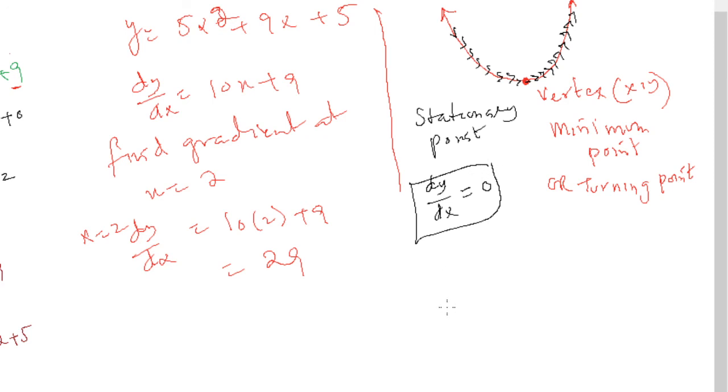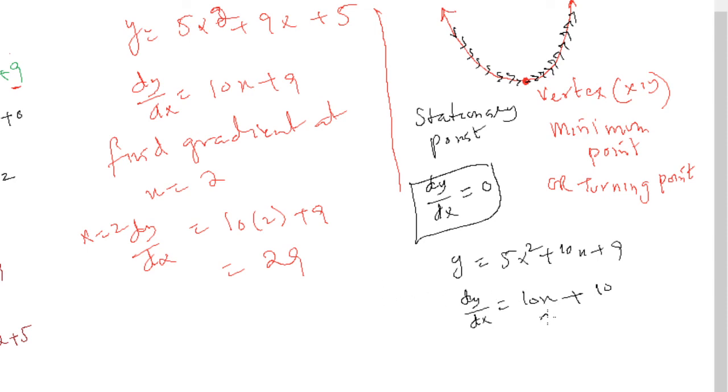For example, I have a function y is equal to 5x squared plus 10x plus 9. Now I'm finding the turning point. So find the derivative dy/dx. It's 10x plus 10.